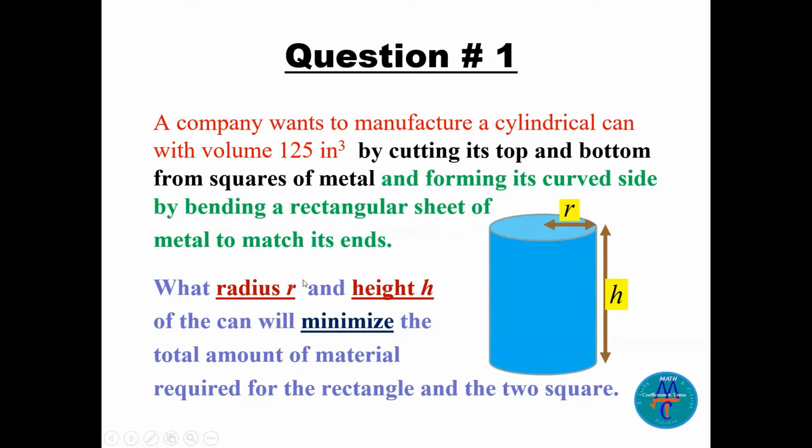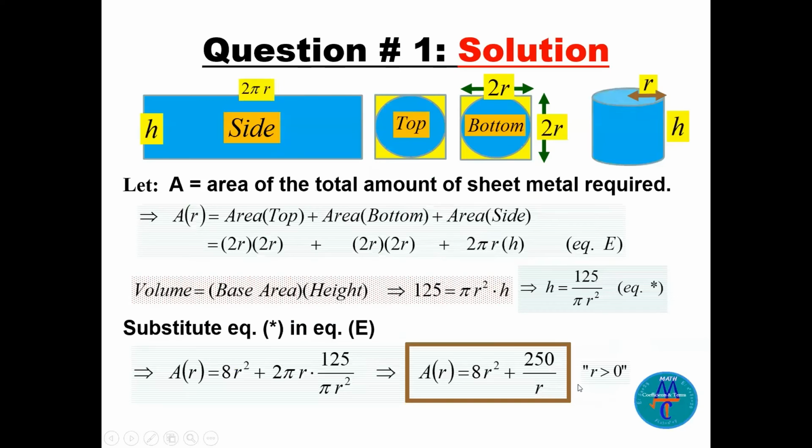What radius r and height h of the can will minimize the total amount of material used in the rectangle and the two squares? See, in all these optimization questions, you will see the word minimize or maximize.